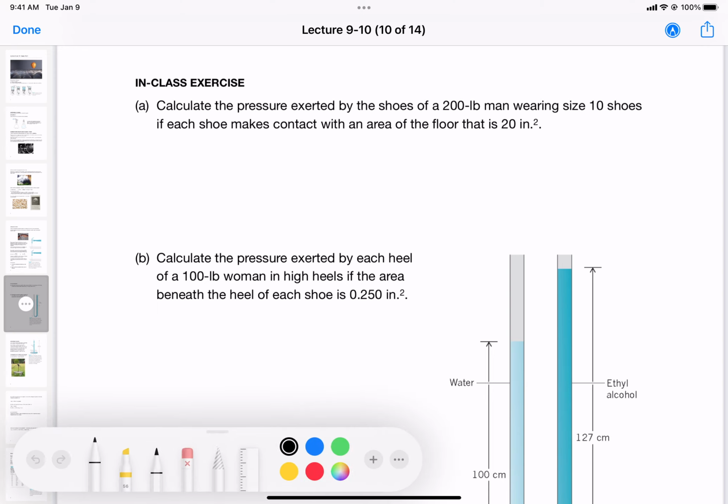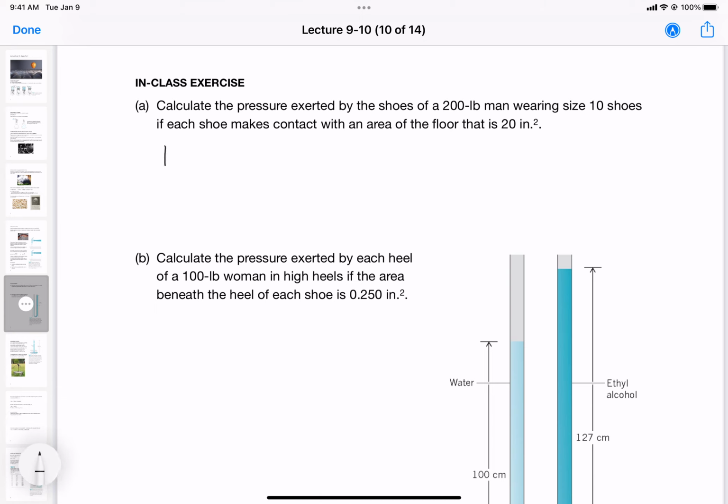So here we know pressure equals force over area. Okay? Since he has two shoes, the force on a single shoe would be only 100 pounds, right?